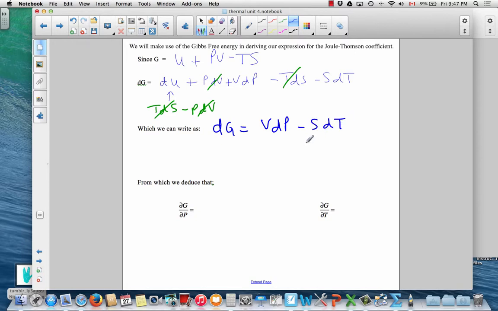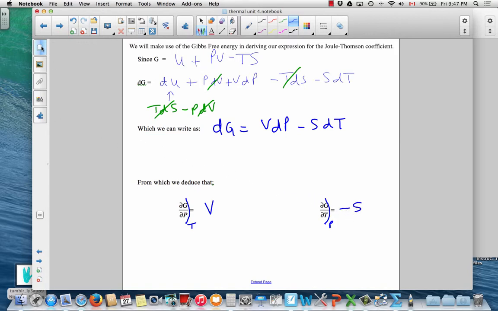Now we can deduce a couple of things from that. This must be the derivative of G with respect to P at constant temperature. So at constant temperature, partial G with respect to P must be the volume, and this must be the partial with respect to temperature at constant pressure, the negative of the entropy.